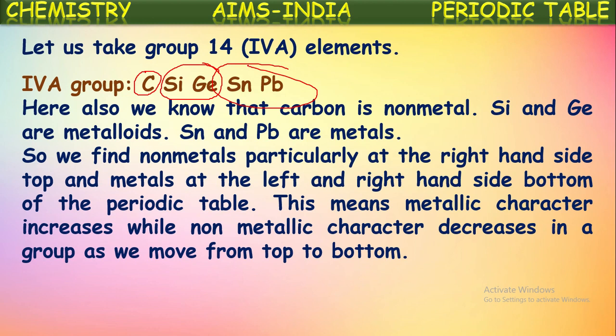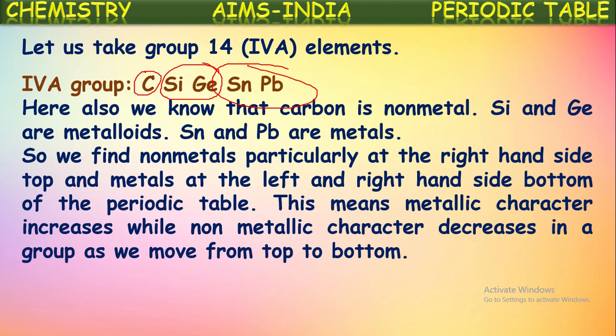These are metals. So, we find the non-metals particularly at the right hand side top and metals at the left hand side and right hand side bottom of the periodic table also. This means metallic character increases while non-metallic character decreases in a group from top to bottom.